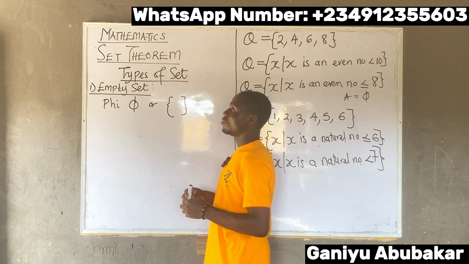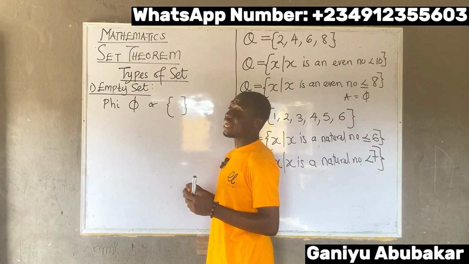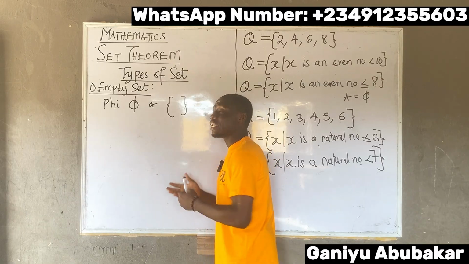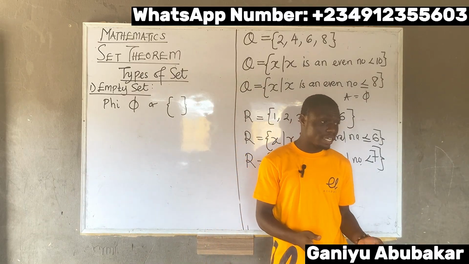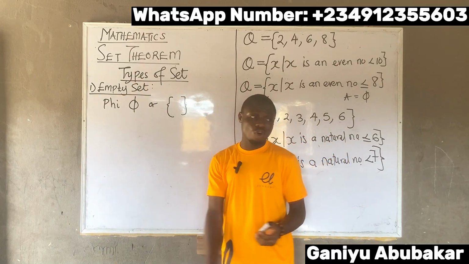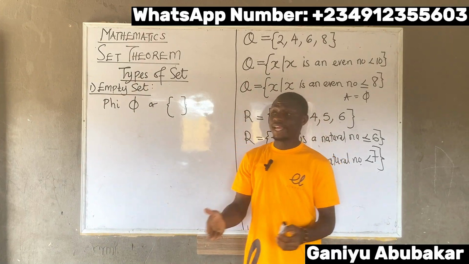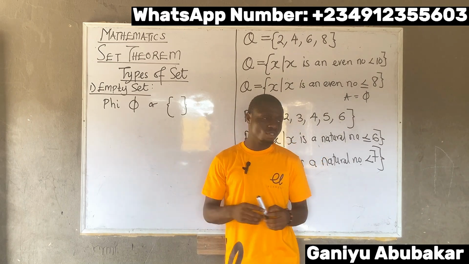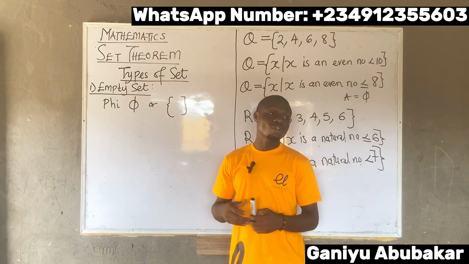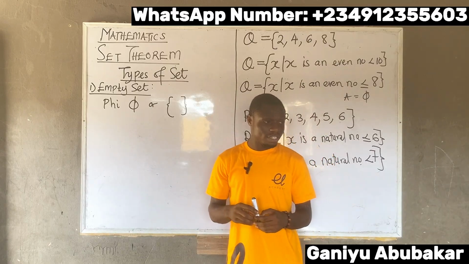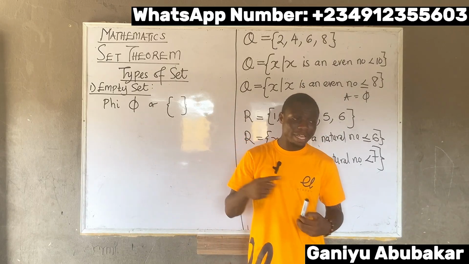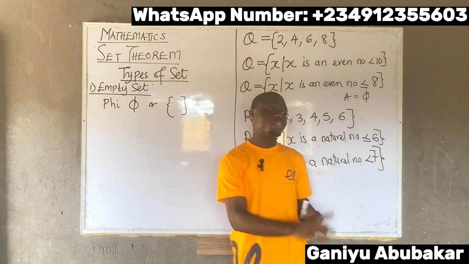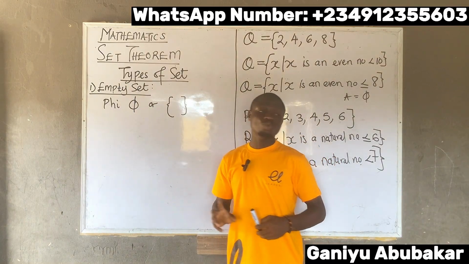An empty set is also called a null set. You can call it an empty set or a null set. It's the same thing, please. Sometimes they want to confuse you and define a null set, but they know it's an empty set. So bear in mind that an empty set is also called a null set.